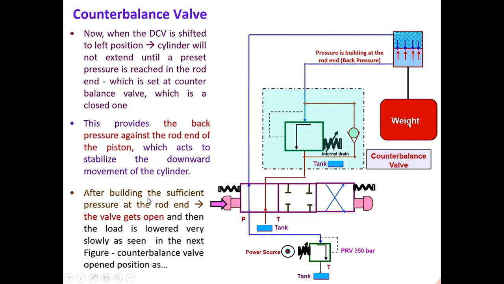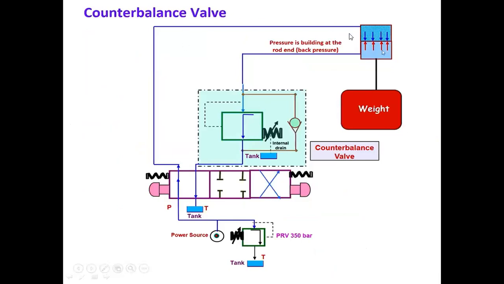After building sufficient pressure here at the rod end, the valve gets open, and then the rod is lowered very slowly. As seen in the next figure, this is the counterbalance valve in open position.